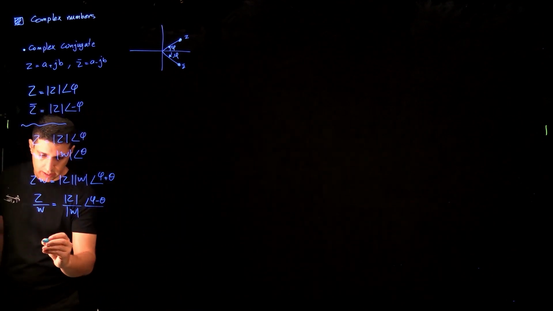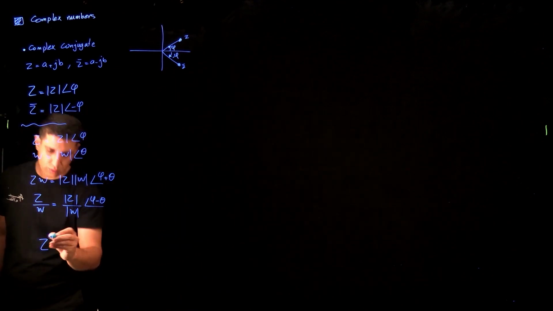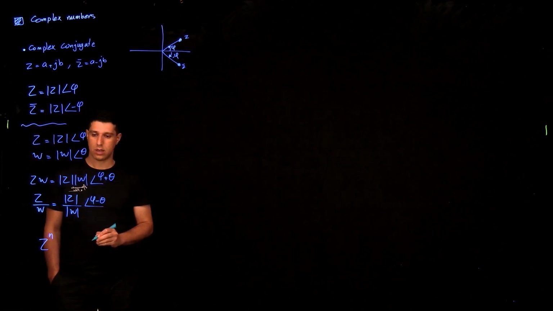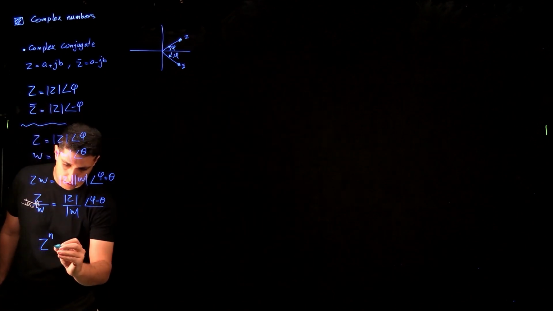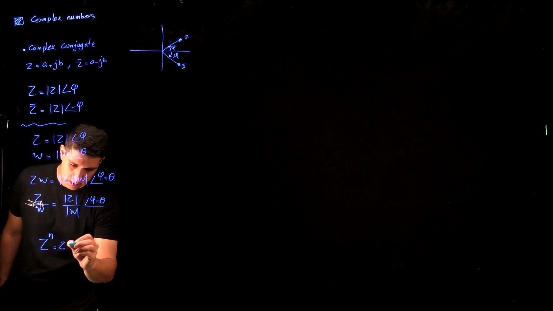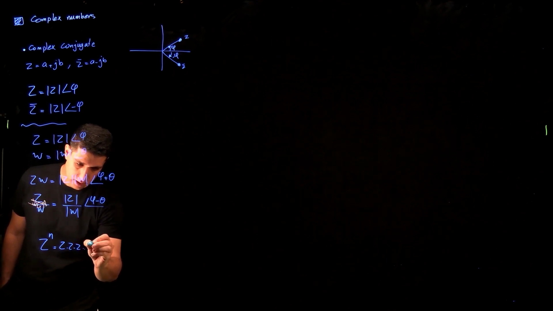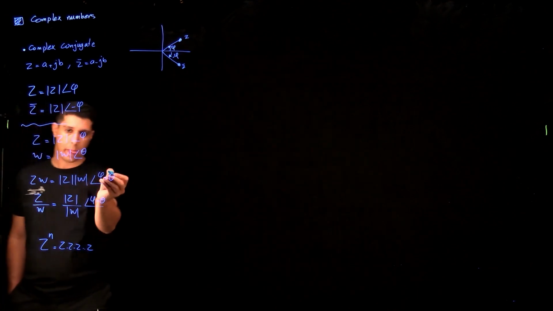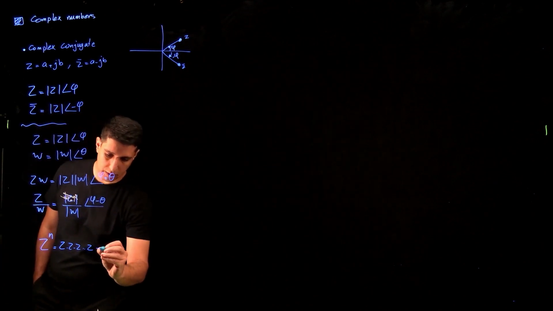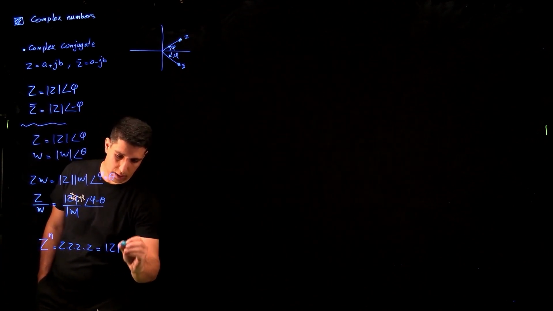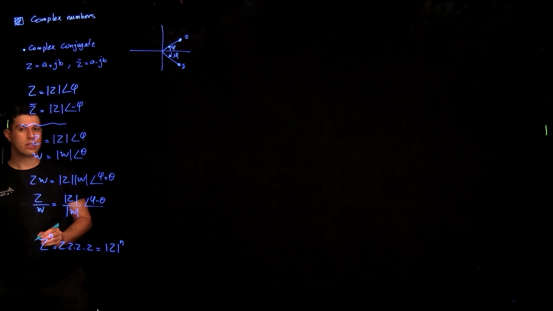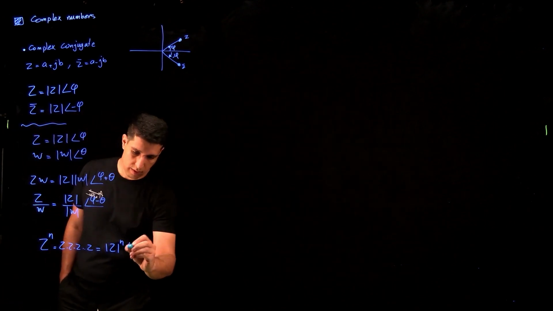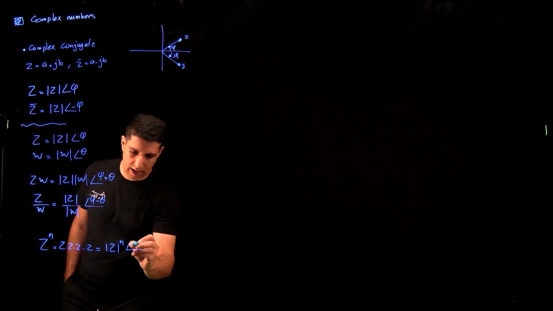You can also extend it, for instance, if you want to raise a complex number to some power, which is z times z times z, n times. You can use this way of calculation. You will end up raising the norm to power n and rotating n times.